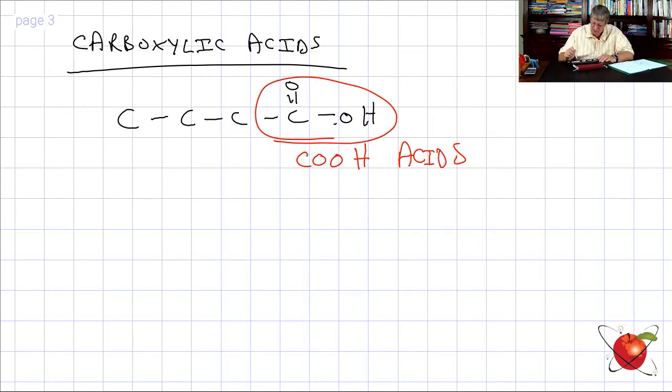So how do we go further with these guys, right? But basically, the acid is always ending like this. Okay? So it can't be in the middle. It's always ending like that. So we've got a carboxylic acid, and the family name is oic.